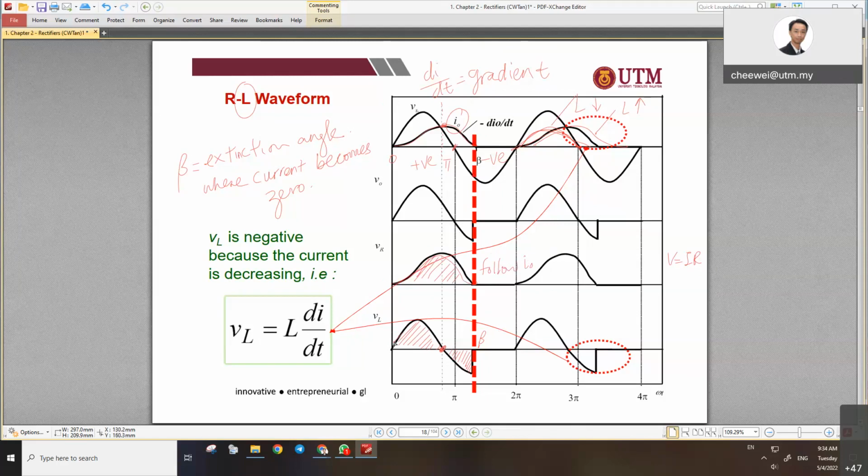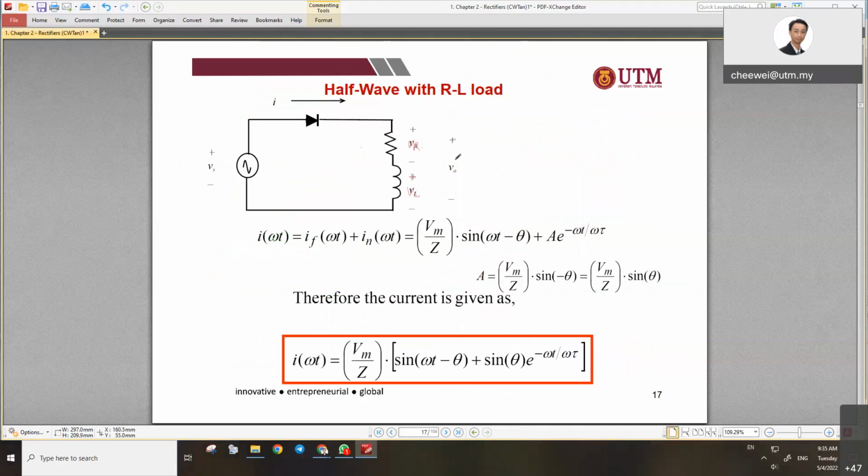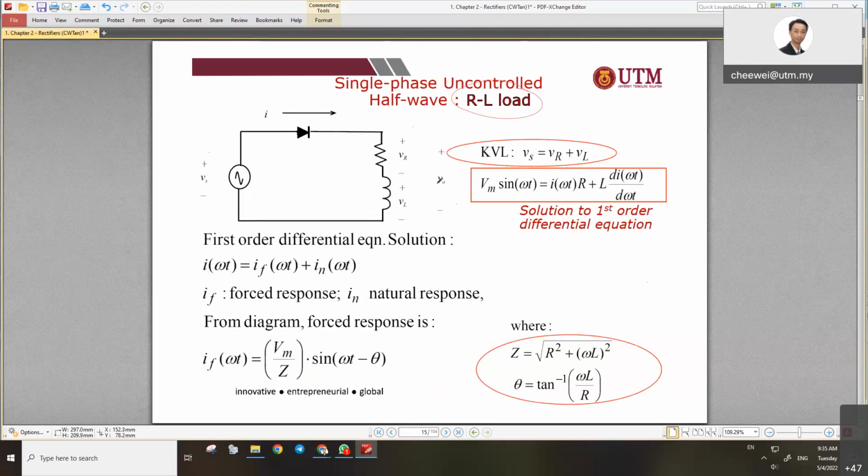We have VR and VL already. So how do I find V out? V out is actually the sum of VR and VL, because they are connected in series. Am I right? Do you still remember the name of KVL?